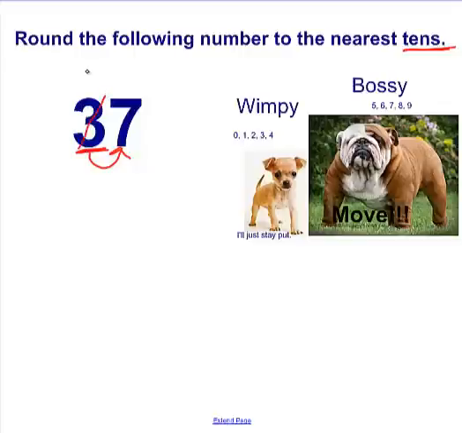So this 3 is going to change to a 4, and everything behind it changes to 0. This means 37, nearest tens, is in between the number 30 and 40, but because of the work we just did, we said it's closer to 40. So in the middle would be about 35, 37, about right here. And you can see that 37 is closer to 40 than it is to 30.